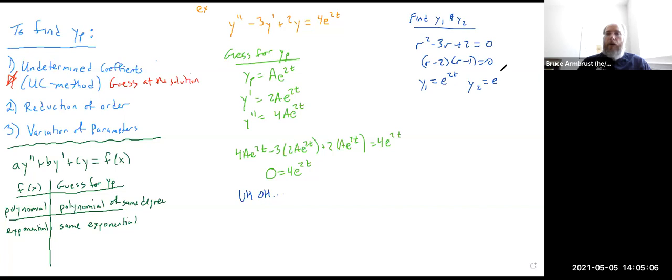So our two functions are e to the 2t and e to the t. All right, so do you see what the issue is now?